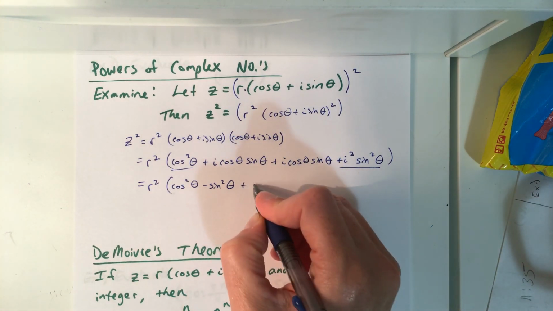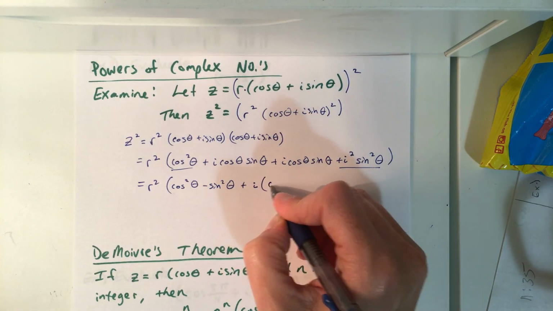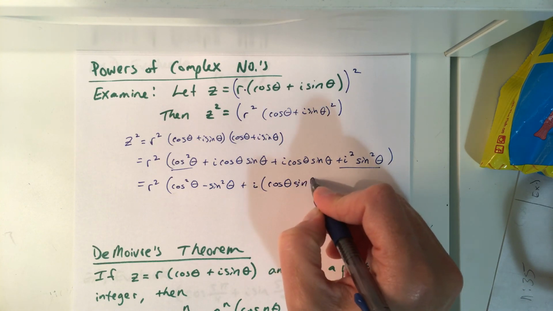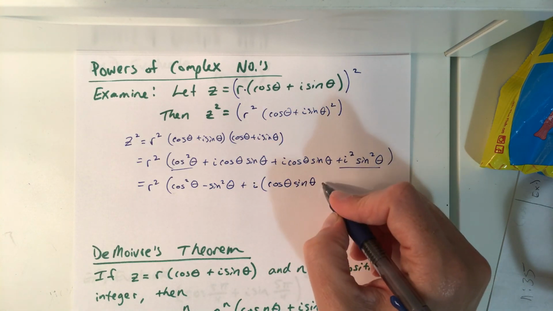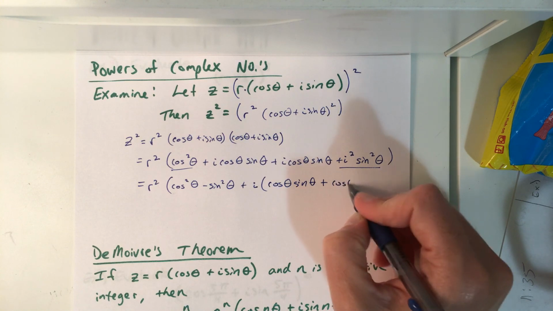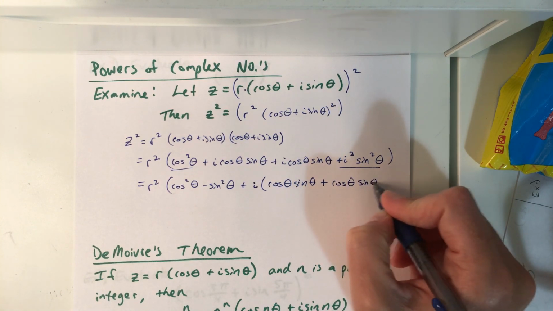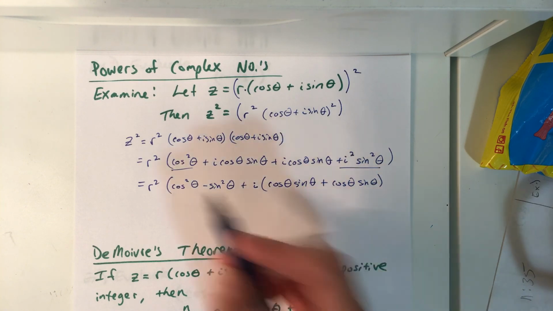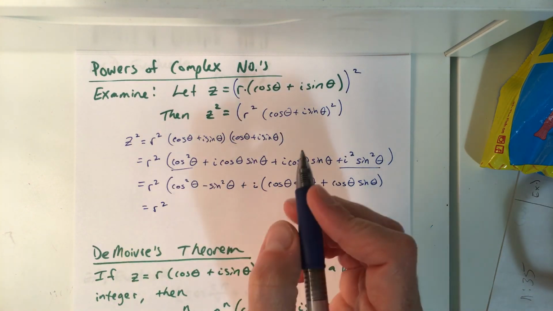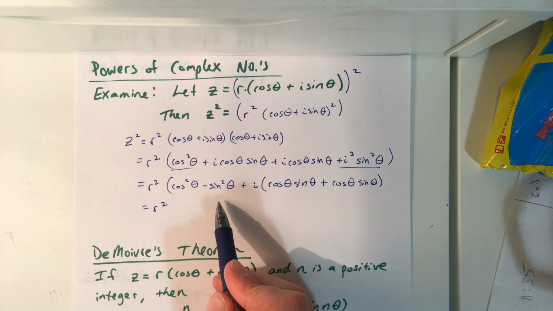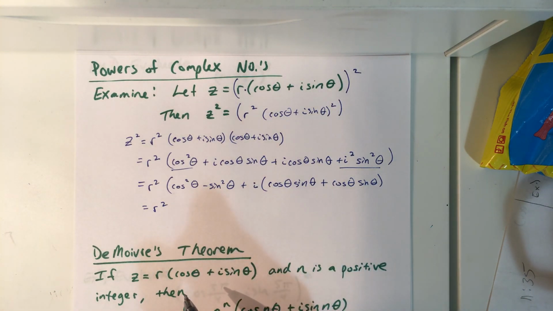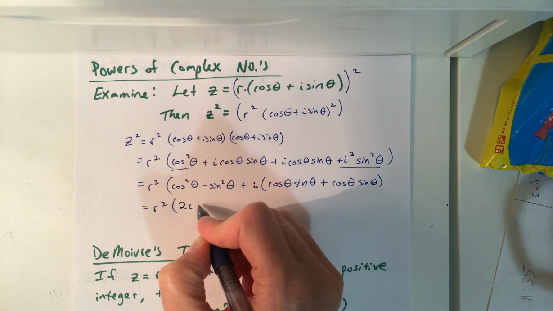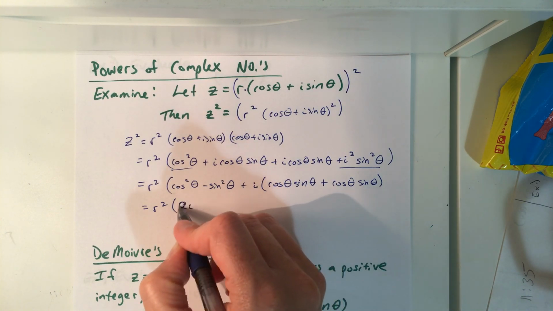And I'm going to factor out the I, and we have cosine times sine plus another cosine times sine. Since these are the same term, we can combine them. Cosine squared minus sine squared, that is a double angle formula for cosine. So we can rewrite that as, sorry, not 2 cosine.